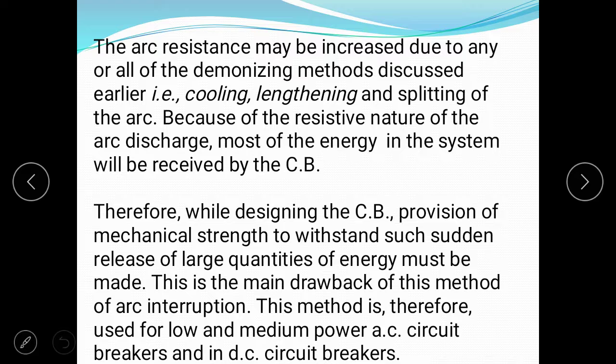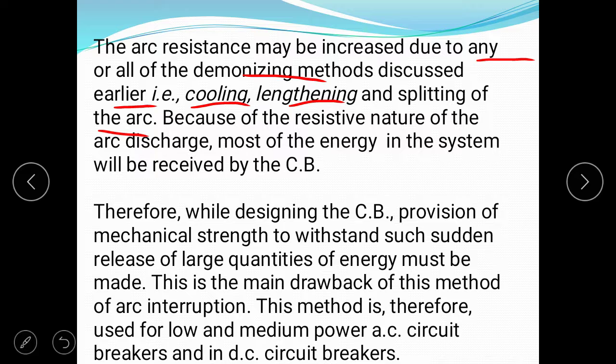So the arc resistance between the contacts of circuit breaker may be increased due to any or all of the deionizing methods which discussed earlier, that is cooling, lengthening and splitting of the arc.